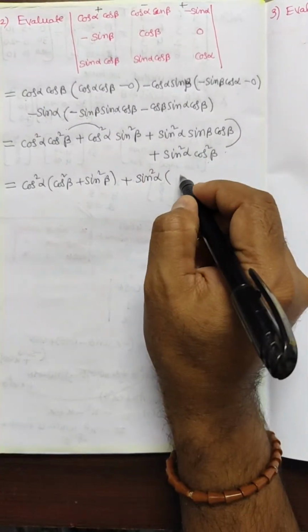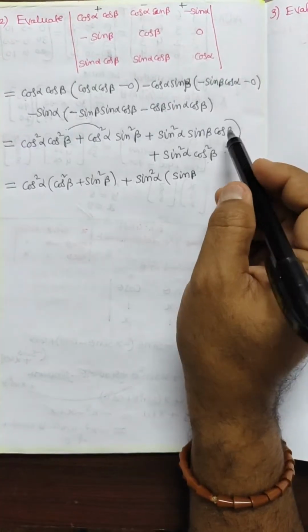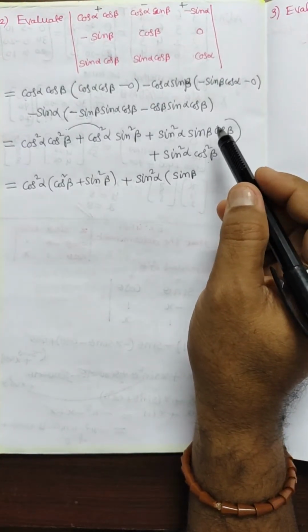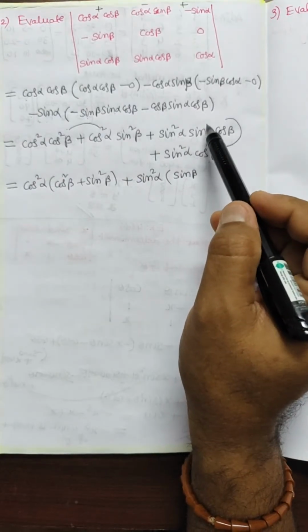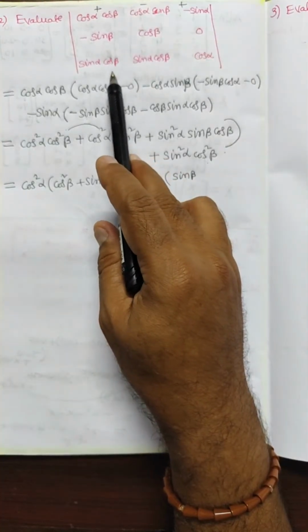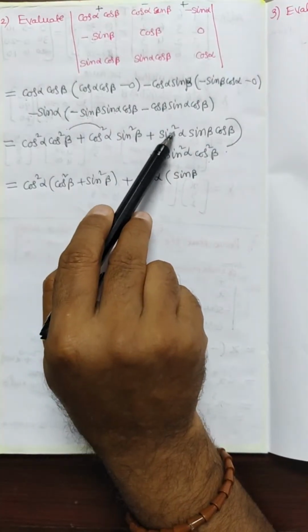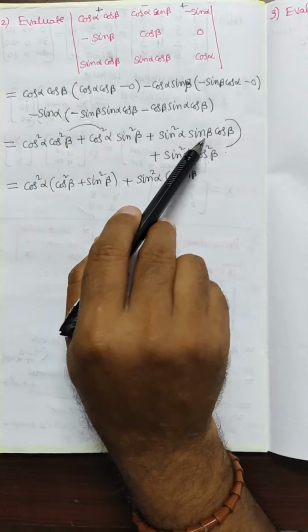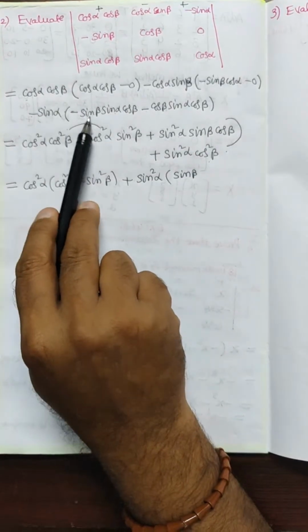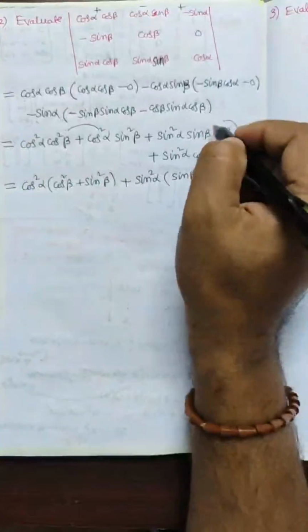So here sin square alpha, if we take common, sin square beta should be there, then only it is correct. Here I wrote wrong, sorry.